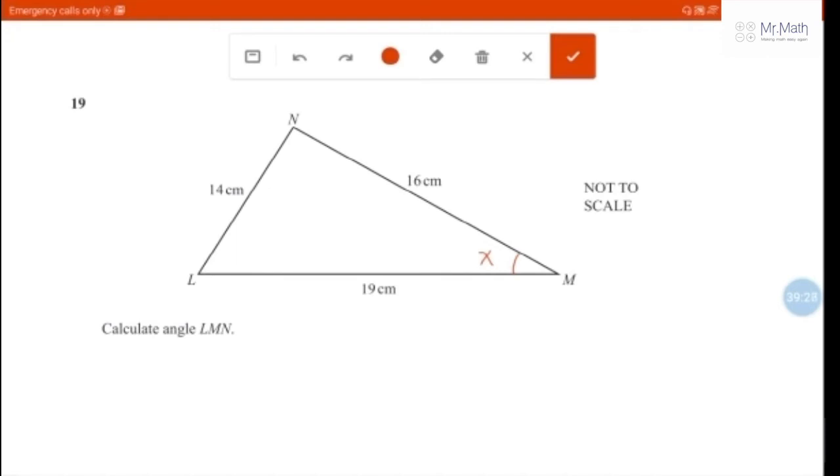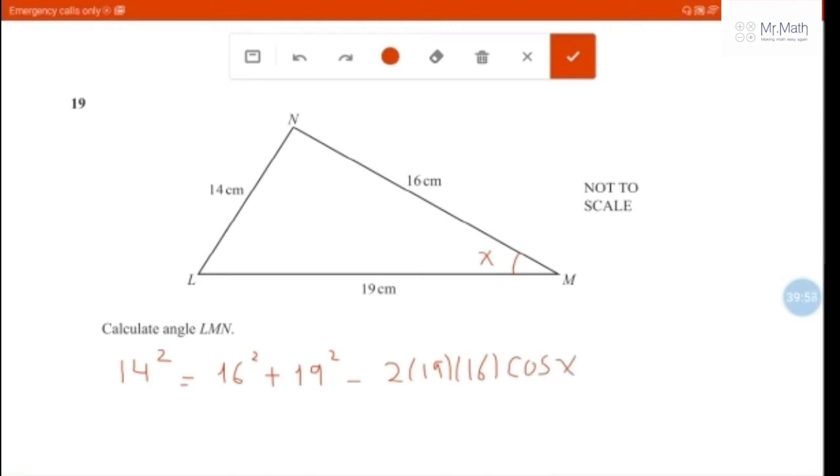So the cosine rule states that the side that is opposite to my angle in question, which is LN, so LN squared, so it's 14 squared, is equal to the square of 16 plus the square of 19 minus 2 times 19 times 16 times cosine x.